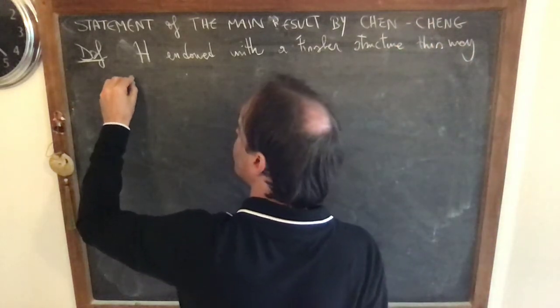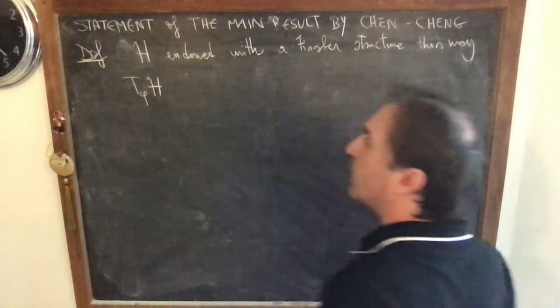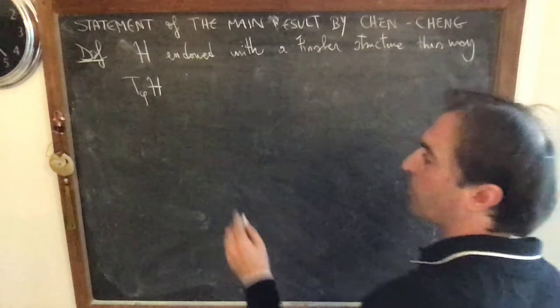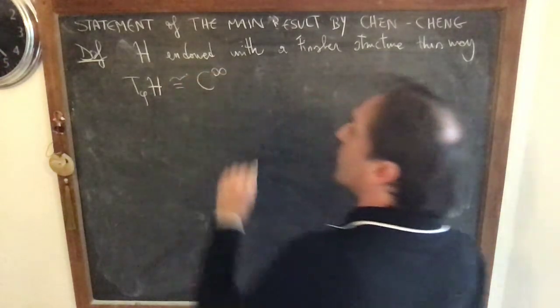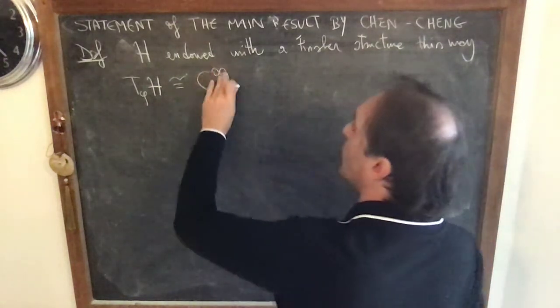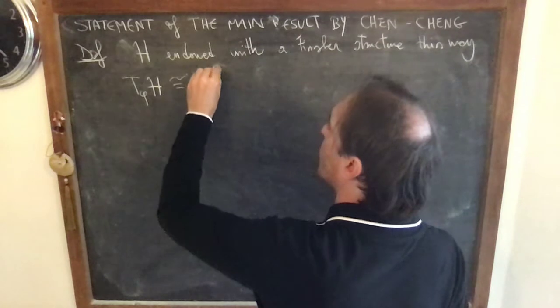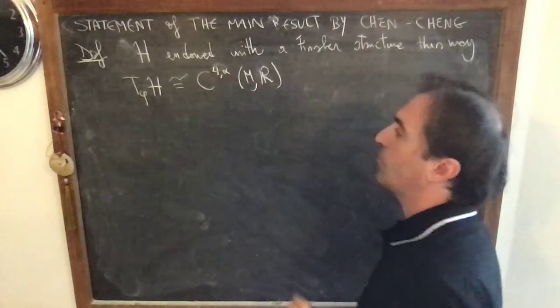We can consider the tangent space to the Kähler class at any point, and this is going to be isomorphic to the C^{4,α} functions with real values.